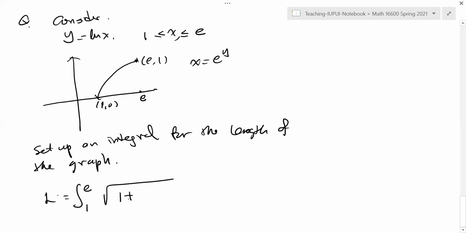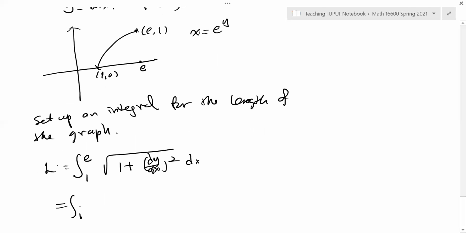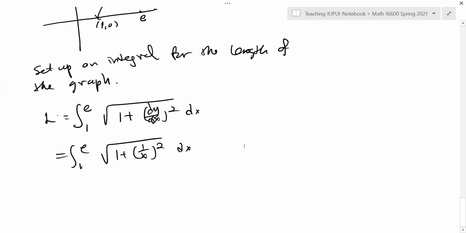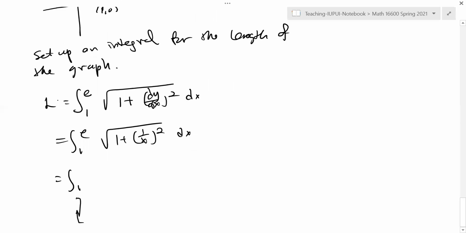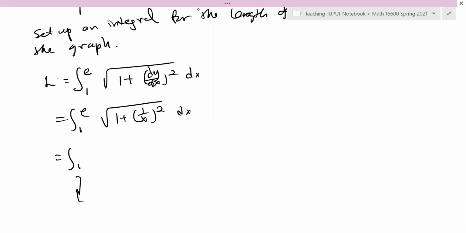of the square root of 1 plus the derivative of y squared, dx. Let's see if it looks simple. The derivative of y with respect to x is 1 over x. I'm not sure we are able to even evaluate it. Sometimes you can evaluate, sometimes you cannot.